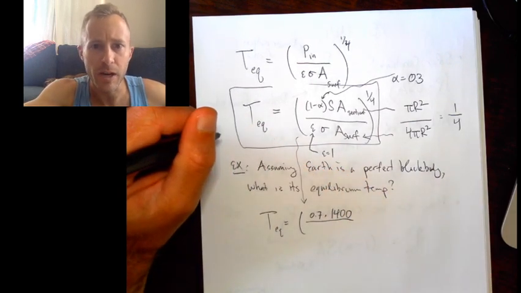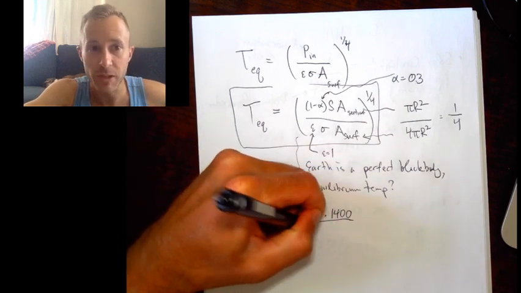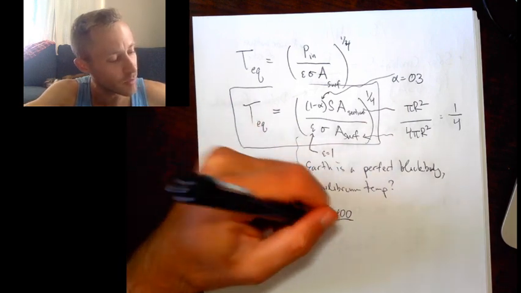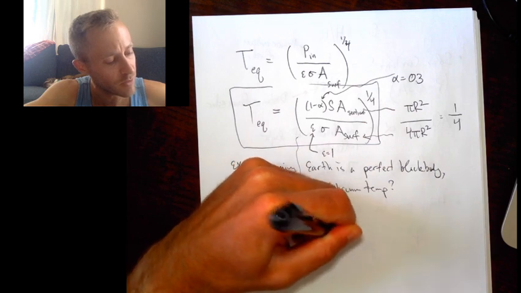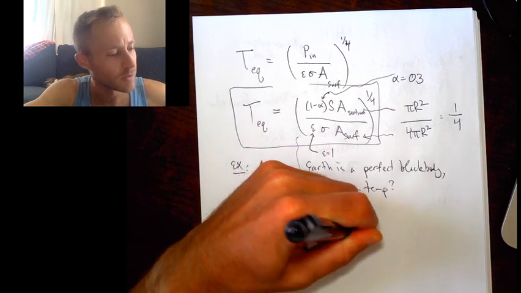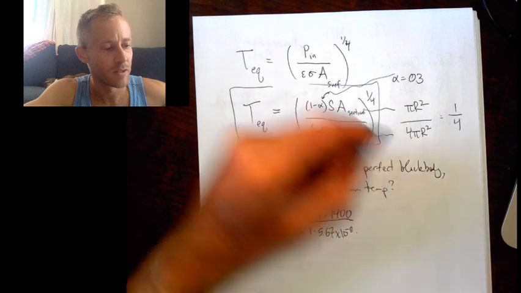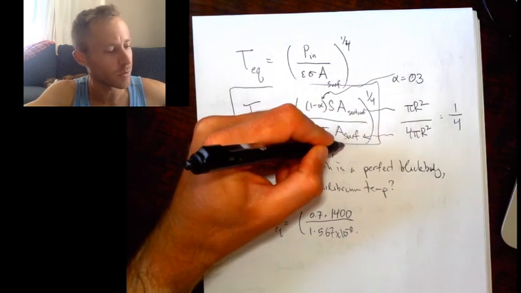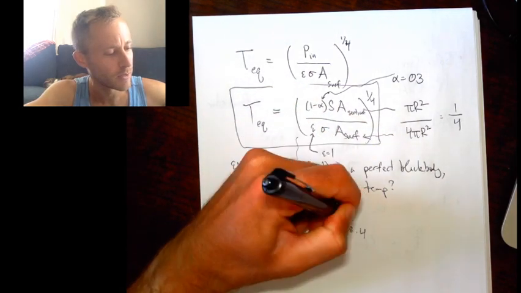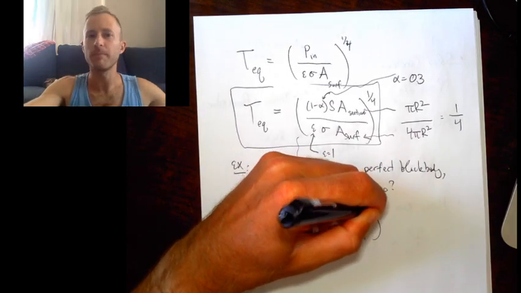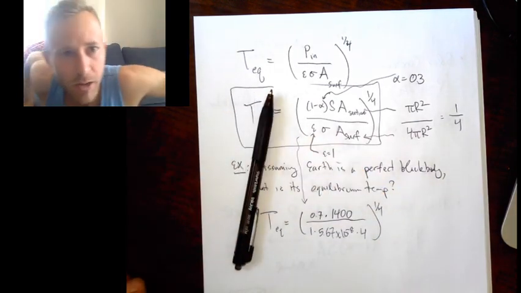Okay, divided by 1 times sigma, which is the easiest constant to remember, 5.67 times 10 to the negative 8, times cross-sectional area divided by surface area, which is 1/4. So I got to do that to the 1/4 power. Let me grab my calculator.